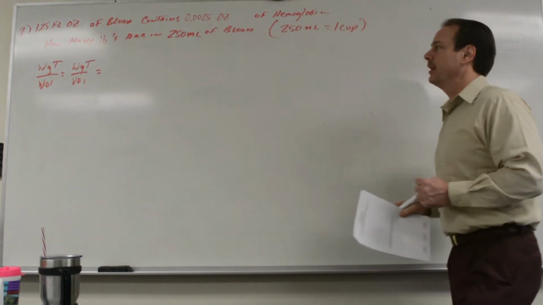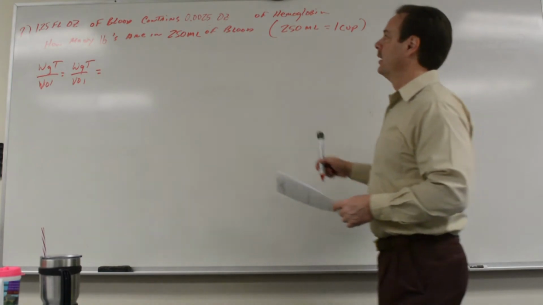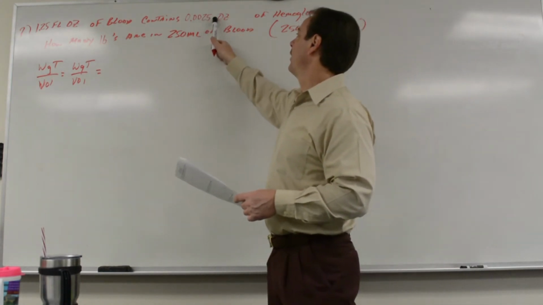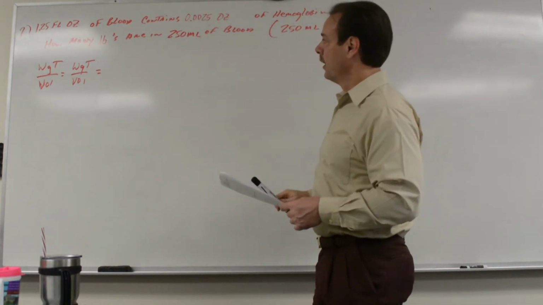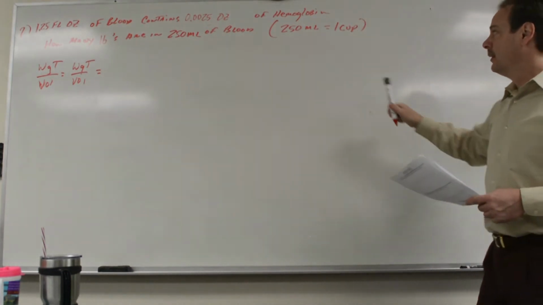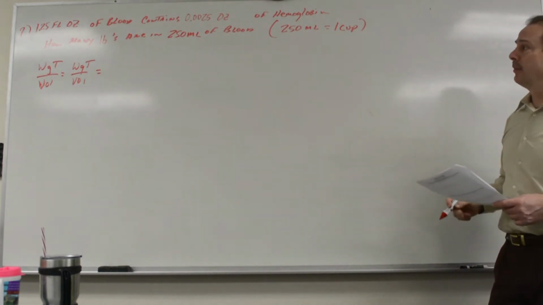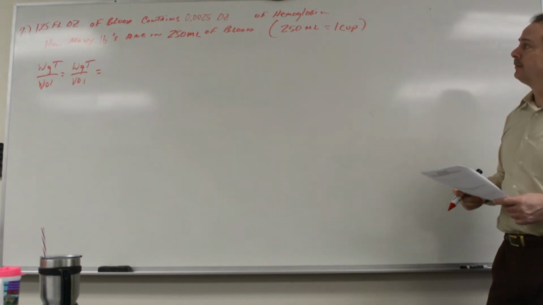All right, in this example, they're saying they have 1.25 fluid ounces of blood contains 0.0025 ounces of hemoglobin. They're asking how many pounds would be in 250 milliliters of blood. Then they give you this conversion here. 250 milliliters is equal to 1 cup. Okay.